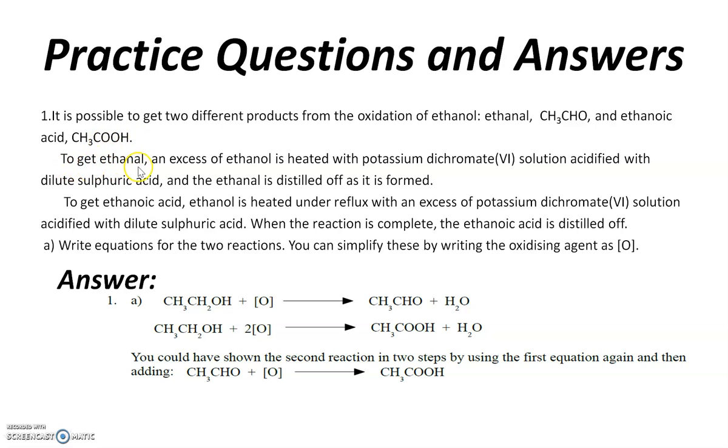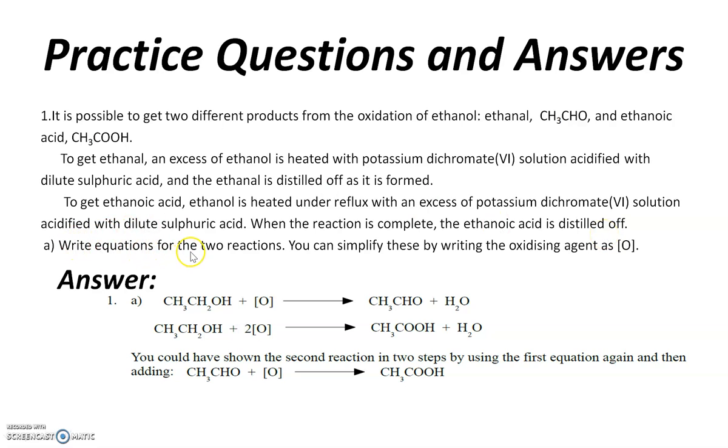To get ethanal, an excess of ethanol is heated with potassium dichromate solution acidified with dilute sulfuric acid, and the ethanal is distilled off as it is formed. To get ethanoic acid, ethanol is heated under reflux with an excess of potassium dichromate solution acidified with dilute sulfuric acid. When the reaction is complete, the ethanoic acid is distilled off.